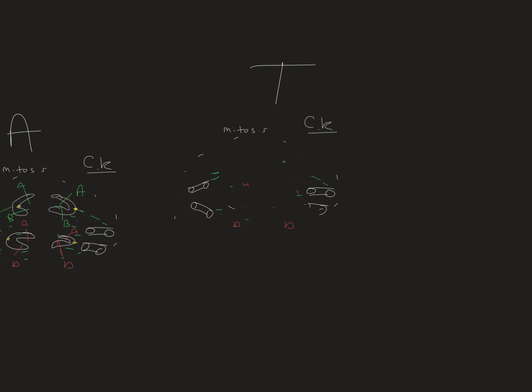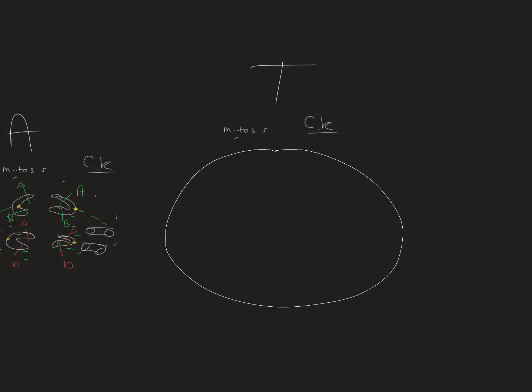So now you have your cell membrane still there, it never went away, because if it did, the cell would die. So now in telophase you have this cell. I'm not going to draw the organelles. I'm just going to draw the one chromosome from mom and the one chromosome from dad. So to emphasize, big A, big B, and little a, little b.